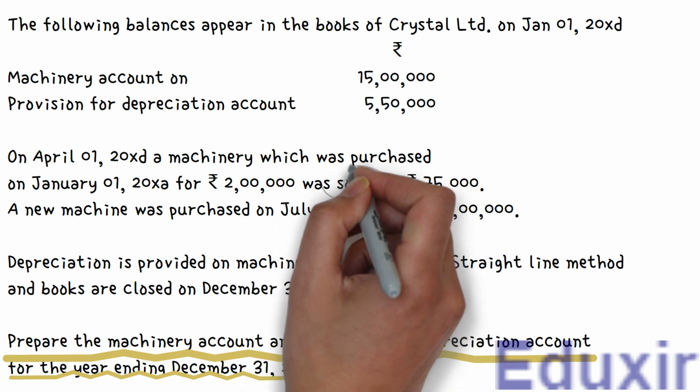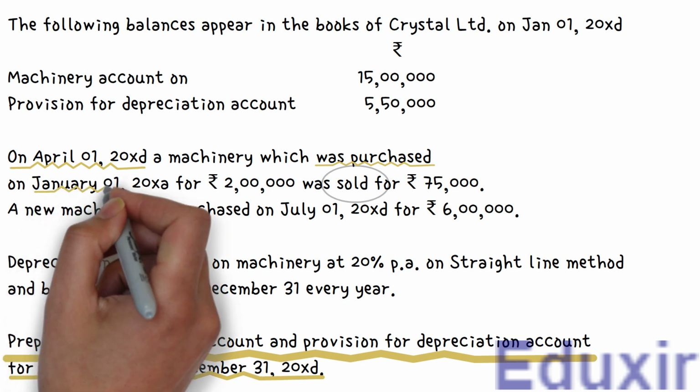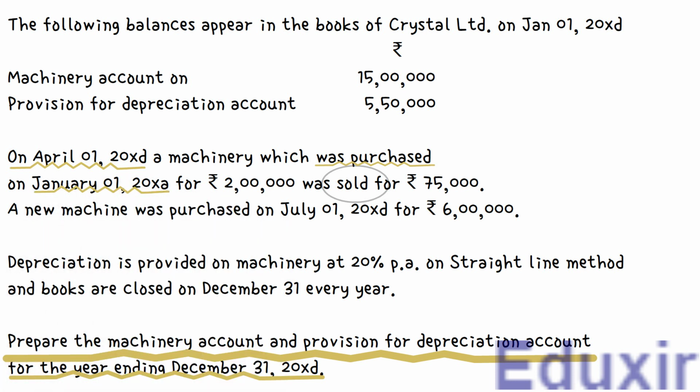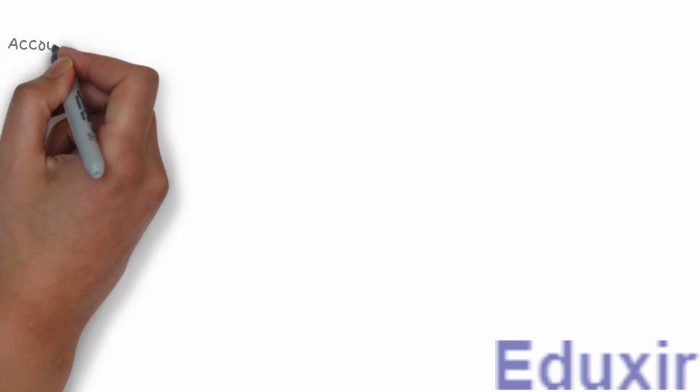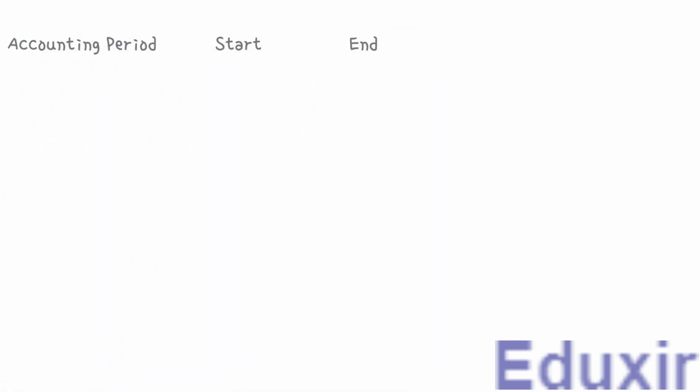We are selling a machine in this accounting period, but this machine was purchased in one of the previous accounting periods. For your information, for each accounting period, the following will be the start and end dates. Note that we need to prepare the ledger books only for one accounting period, but at some point, we need to consider information that belongs to other accounting periods also.